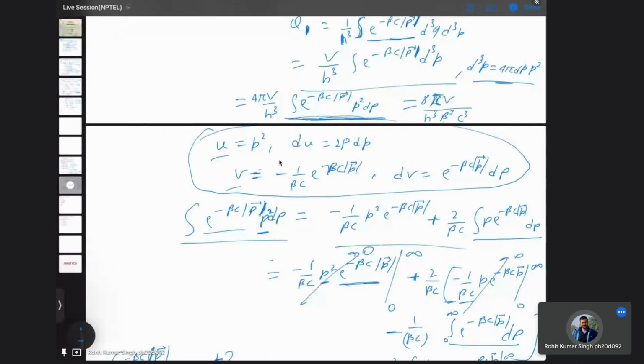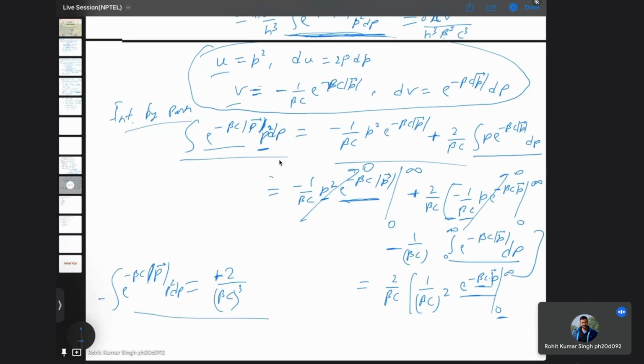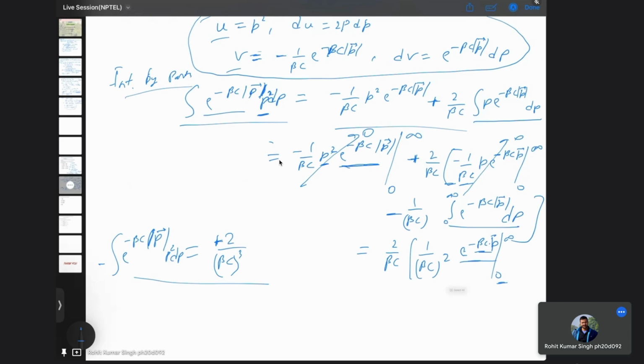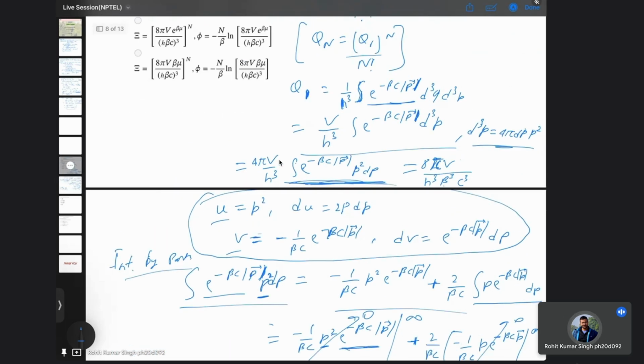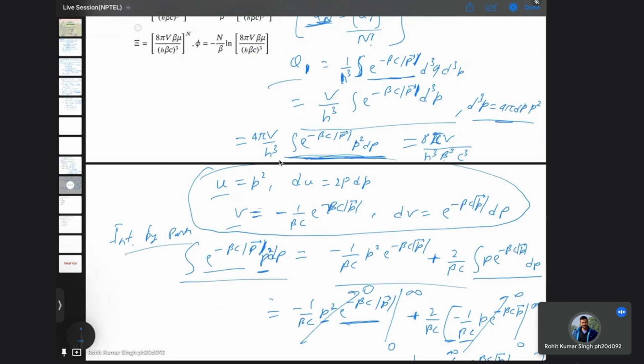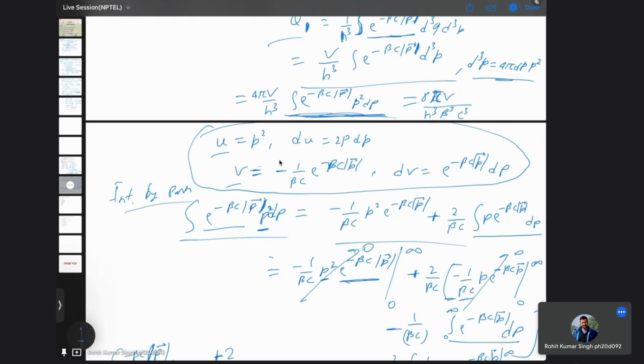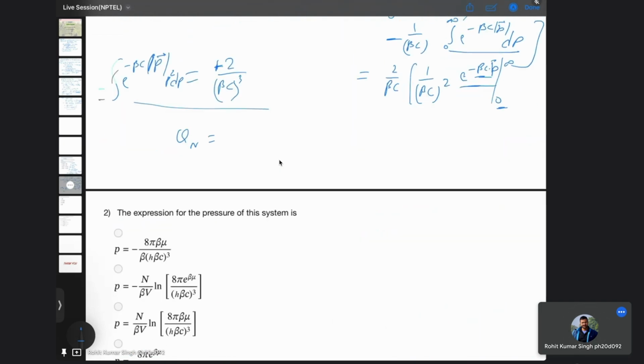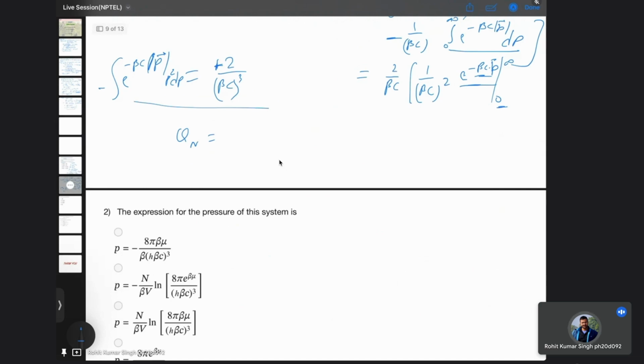So now you have the q1, then you can calculate the qn, and your qn will be given by q1 to the power n divided by n factorial, right? So I'll just write the total expression.